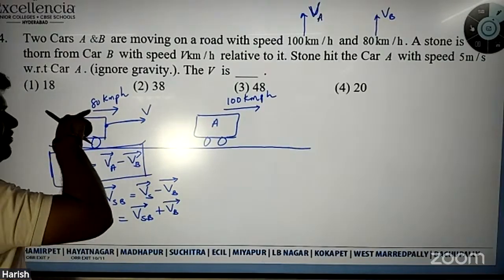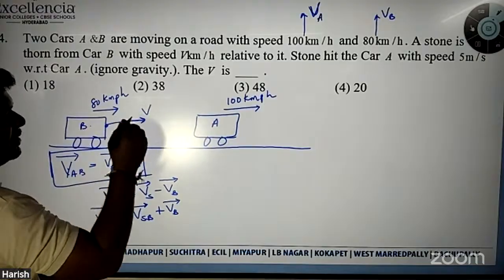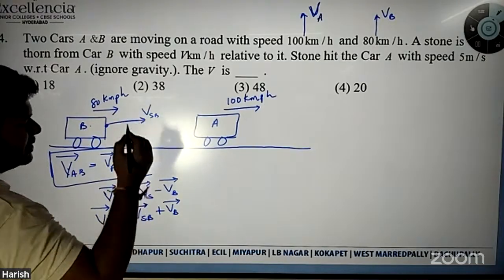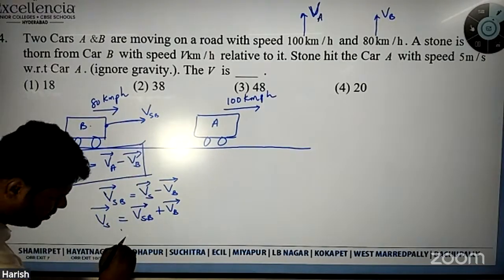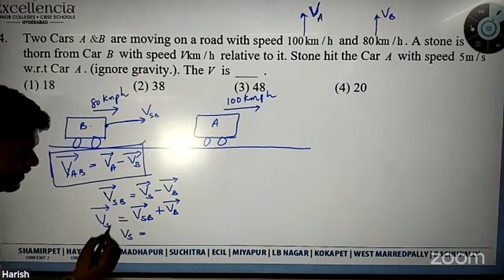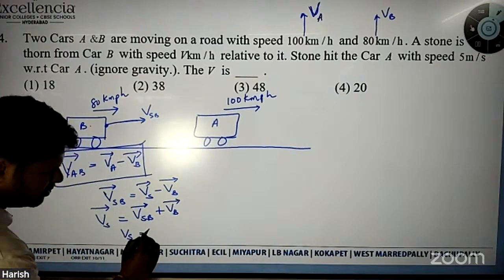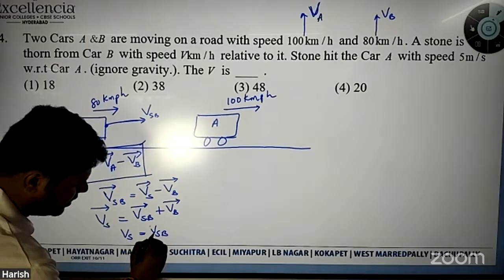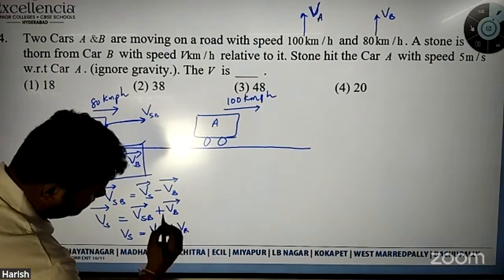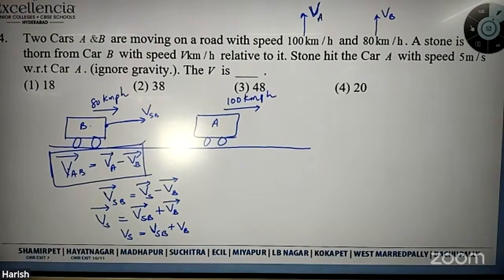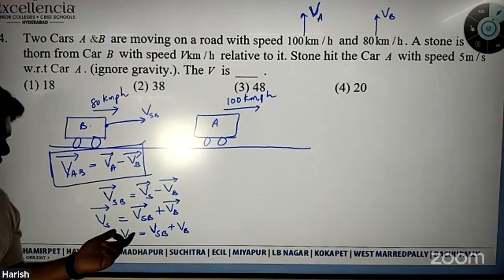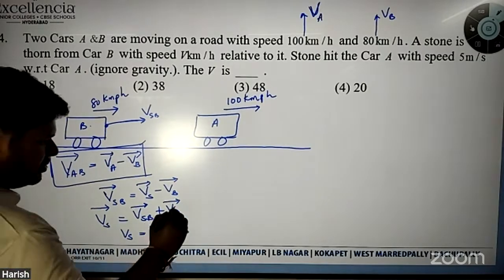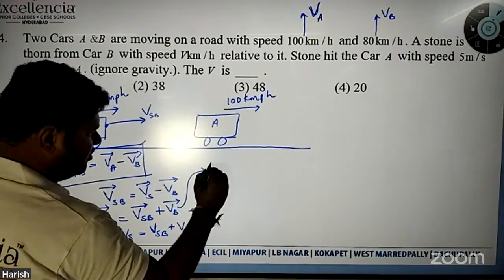Both VB and VSB are in the same direction. So if you want to find the magnitudes, you can just add them. Actually, you need to use this particular formula to find the magnitude.